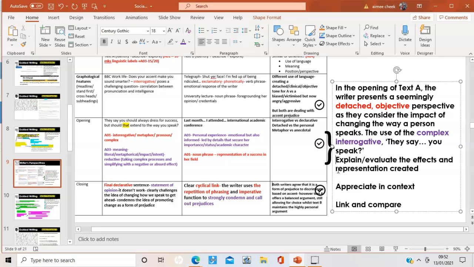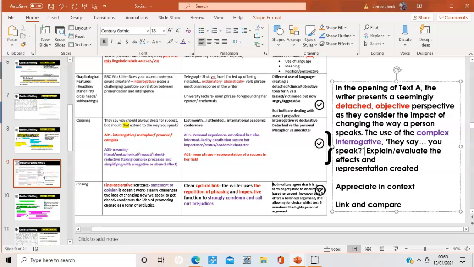So we need to look at it again. They say you should always dress for success, but should that extend to the way you speak? So actually, they're creating a link between dressing for success and speech. So they're questioning the relationship between success and speech. And that's the real bit we want to zoom in on.